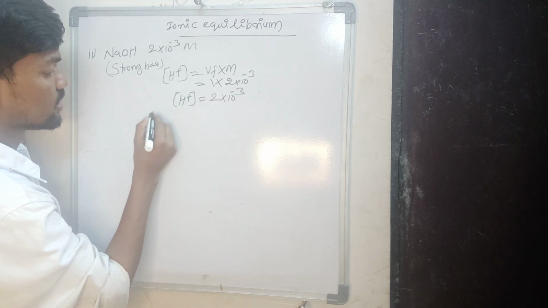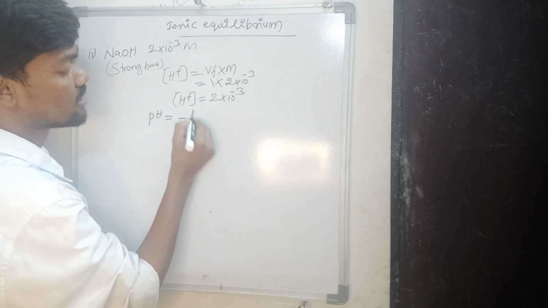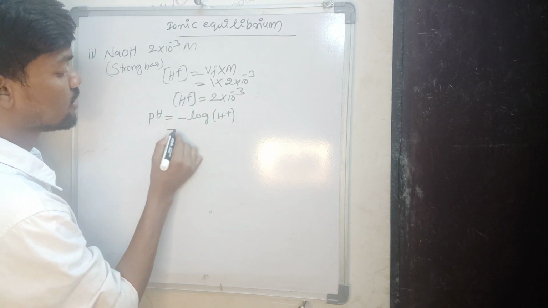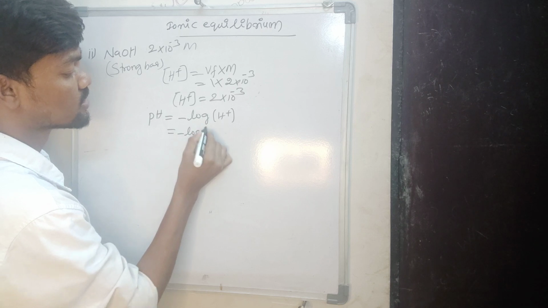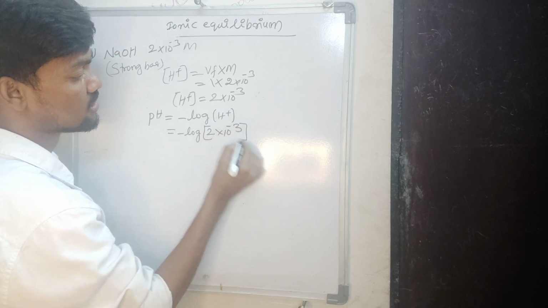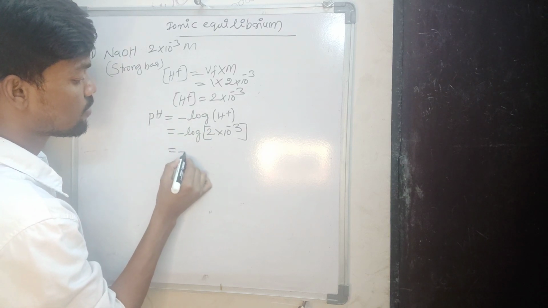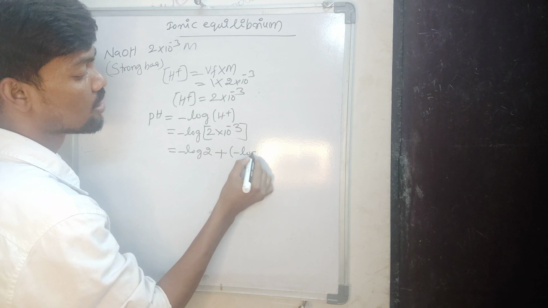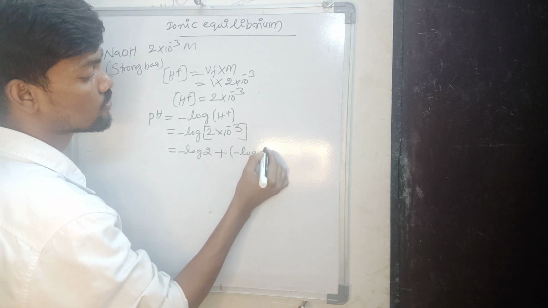You can find the value as minus log of the concentration, which is 2 into 10 power of minus 3. Here it is minus log 2 plus minus log 10 power of minus 3.